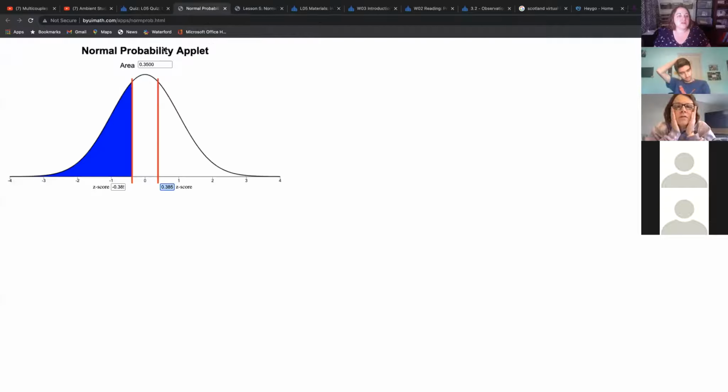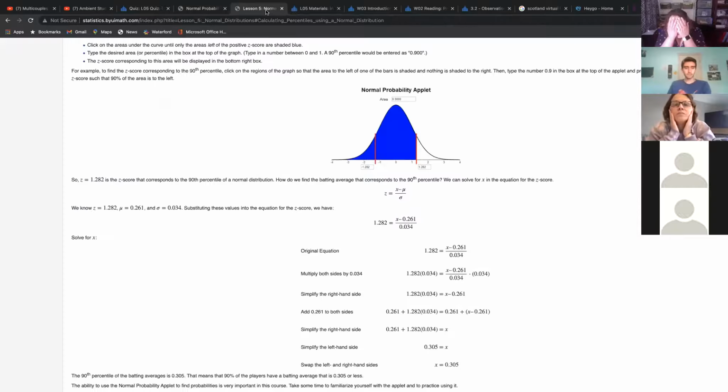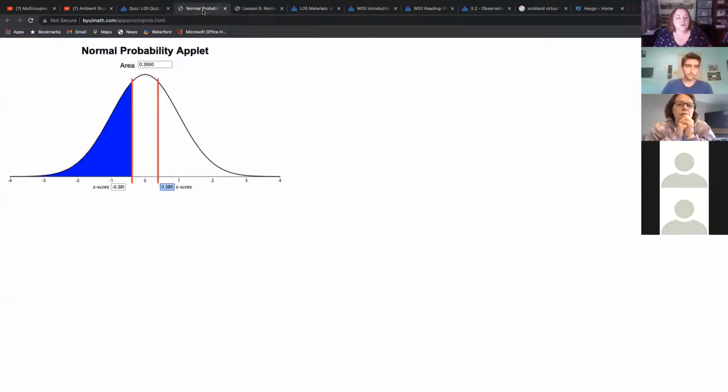Oh, but I don't want the 90th. Yeah, okay, I've got it. Never mind. Sorry. Shade to the right. Click on the regions of the graph so that the area to the left of one is shaded to the right. Like that. Okay. I'm lost.